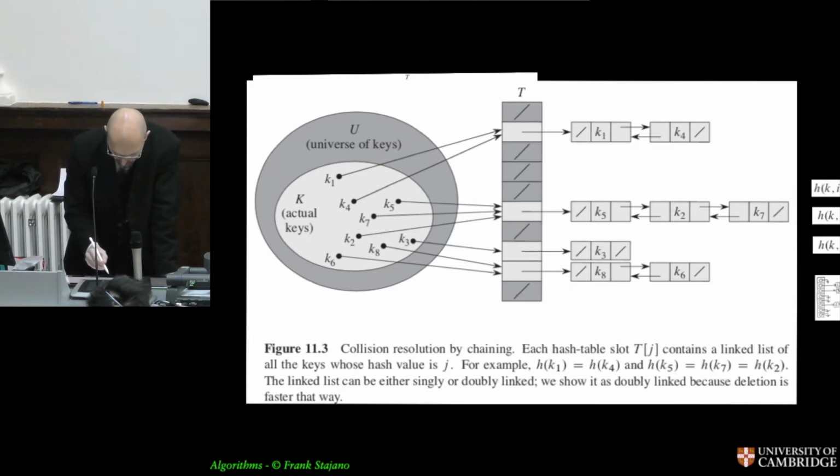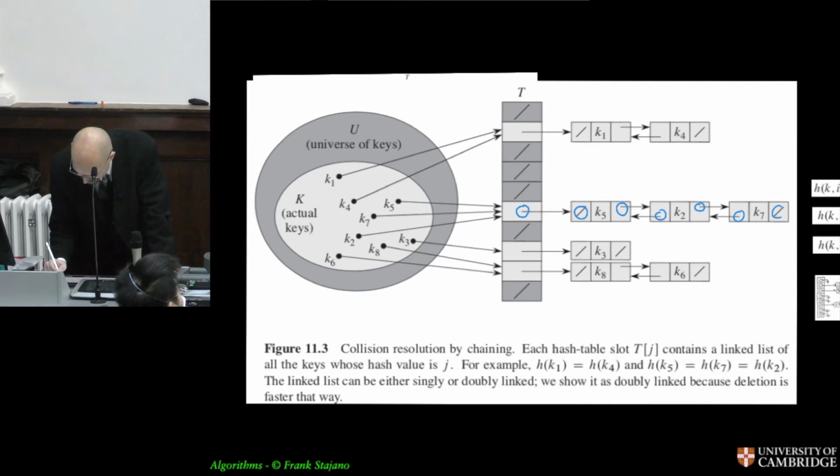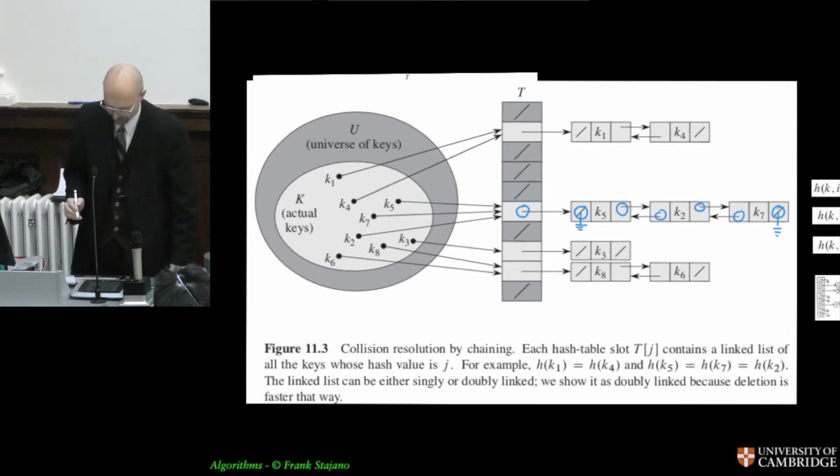So in the graphical notation that I've used in other slides, these are pointers, and so start as a circle. These ones are also pointers. And this is what I've indicated with the ground symbol, the null pointer, over here.